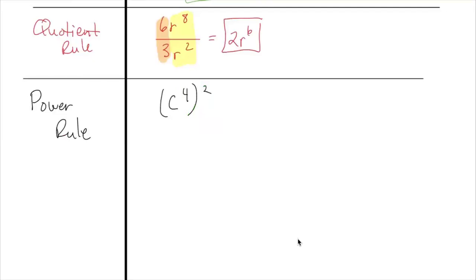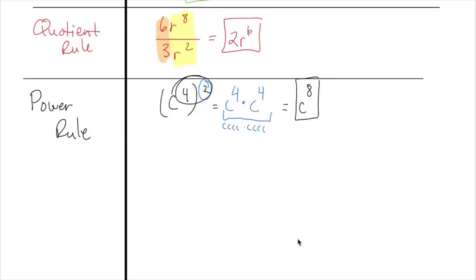And so if we remember, what this really means is that we have c to the fourth 2 times. Which we know what c to the fourth times c to the fourth is. That's like having 4 c's here, 4 c's here. So total, we're going to have c to the eighth.